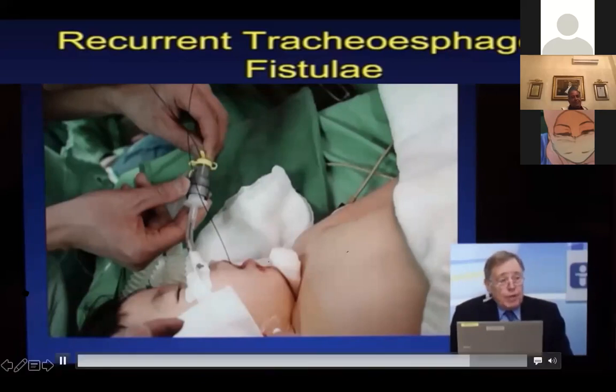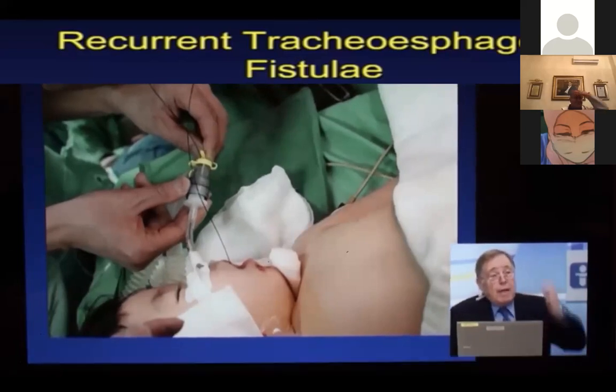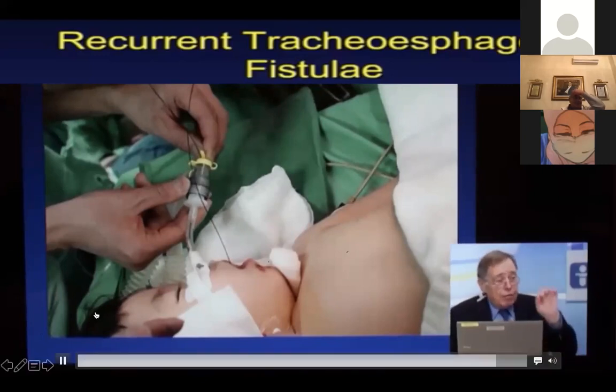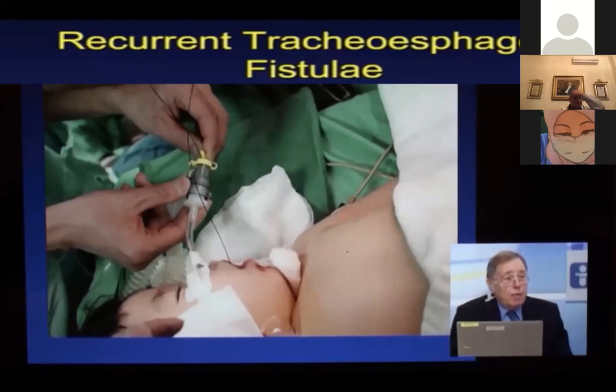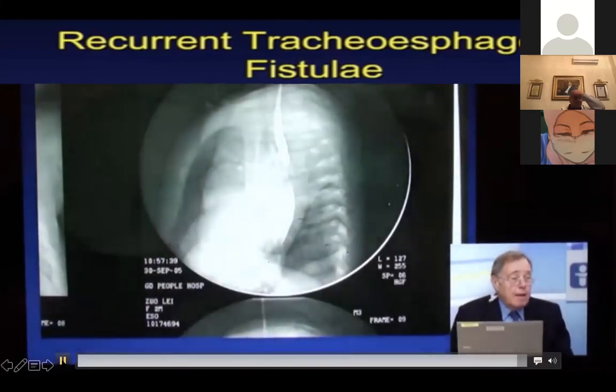Then open the chest and start to dissect to find out where that fistula is. And the way you can go for it real quickly is have the anesthesiologist pull back and forth on it, and you're going to see it sort of like a saddle on a horse. It's going to move up and down, and that's where the money is, and that's where you want to go to dissect out the fistula. Next.